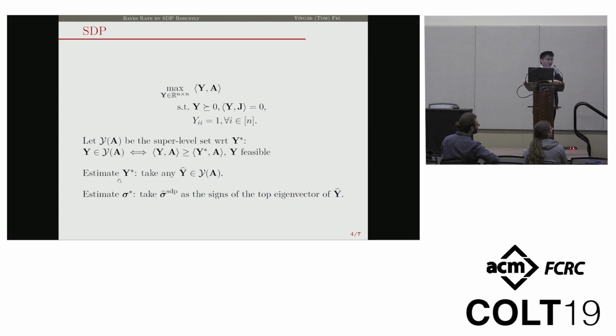To estimate Y star, we choose any Y hat that is in the superlevel set. To estimate sigma star, we simply pick the top eigenvector of Y hat and then take the sign of that. That becomes our estimator of sigma star. We denote it as sigma hat SDP.